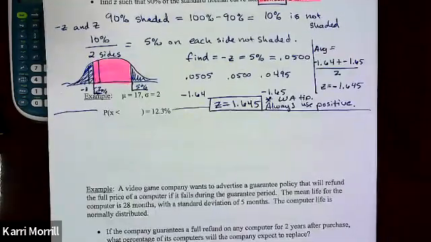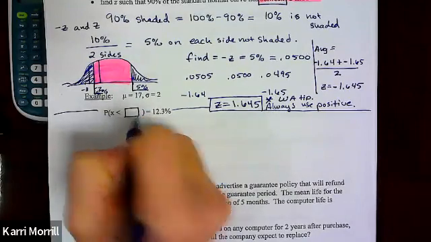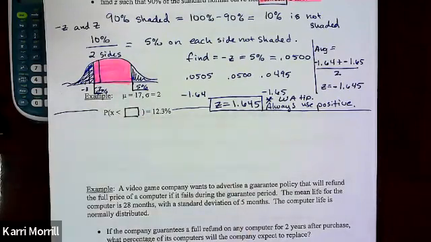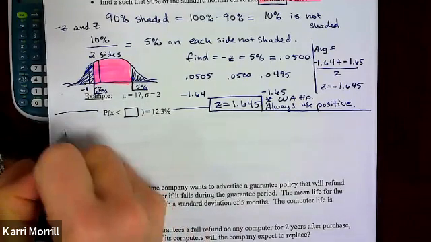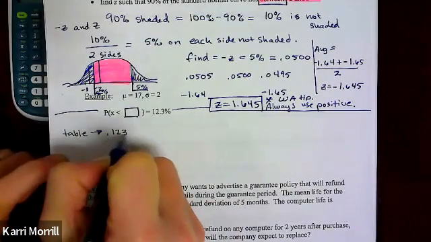All right, so then what if it says find the probability of x is less than blank equals our 12.3%? So we're trying to find the raw score now. So we have a little extra step in the end. We're still going to our table value and finding 0.1230.